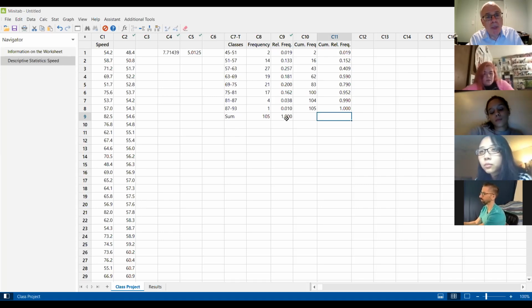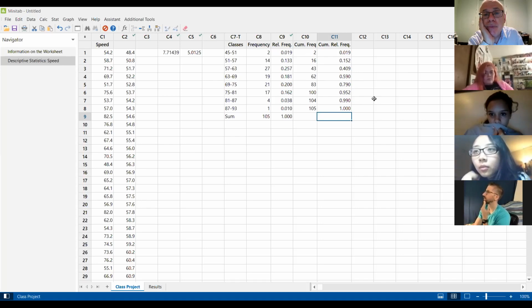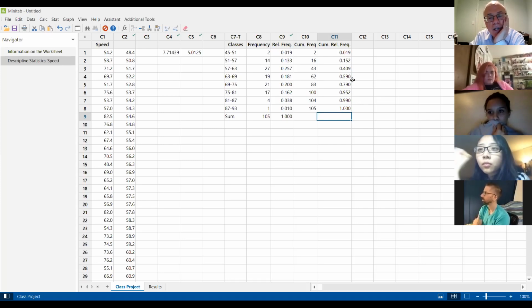So now, cumulative frequencies, the reason why you want these is that you can make statements. Actually, relative frequencies would work better. You could say something like, what percentage of the data is less than 69? Less than 69, what would be your answer? The cumulative relative frequency of the previous column times 100. Okay, so you're saying 59%?